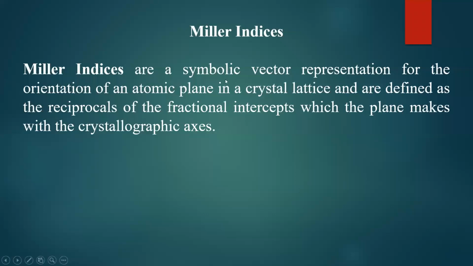Miller indices are the symbolic vector representation for the orientation of an atomic plane or lattice plane in a crystal lattice, and are defined as the reciprocals of the fractional intercepts which the plane makes with the crystallographic axis.